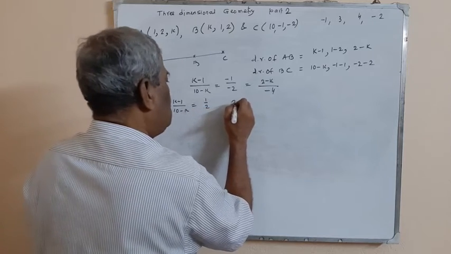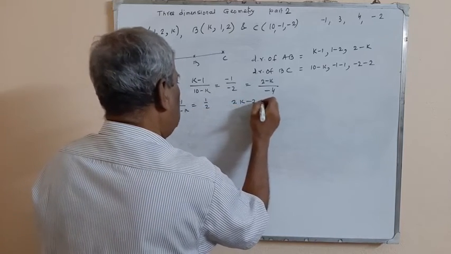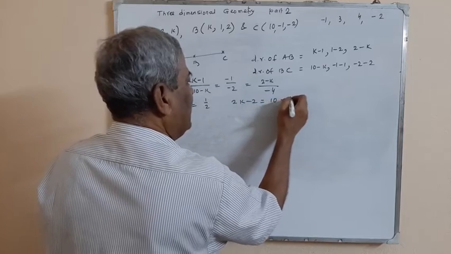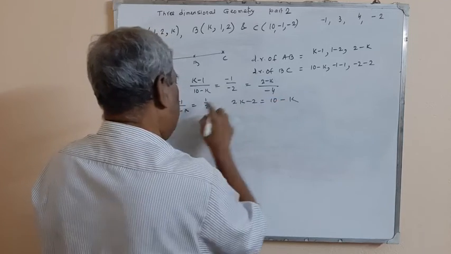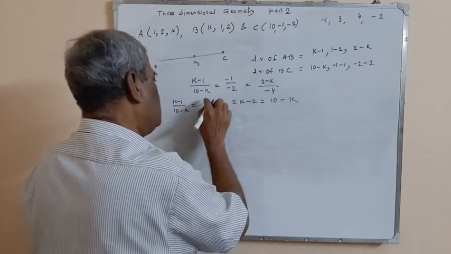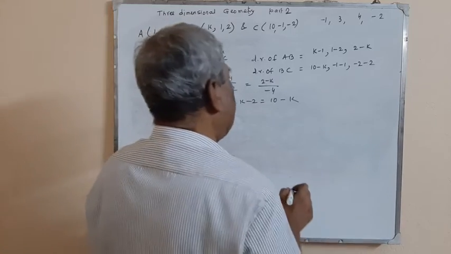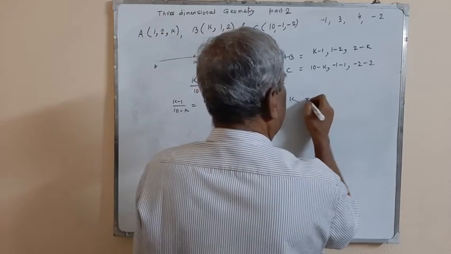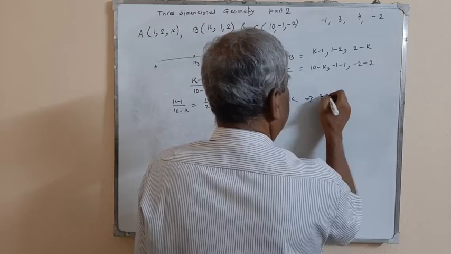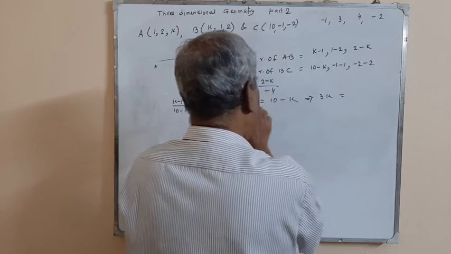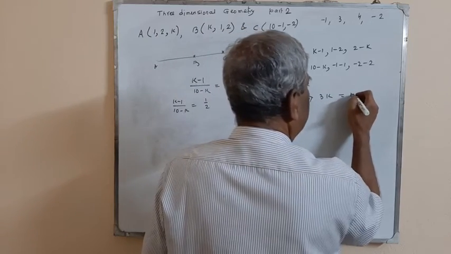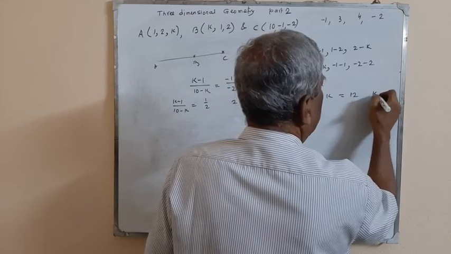That is 2k minus 2 is equal to 10 minus k, so that we get 3k is equal to 12. That is k is equal to 4.